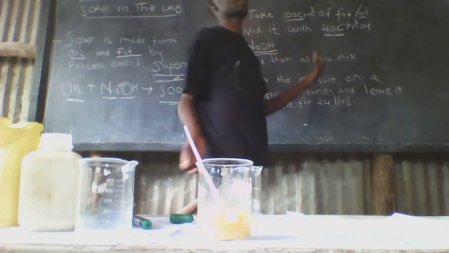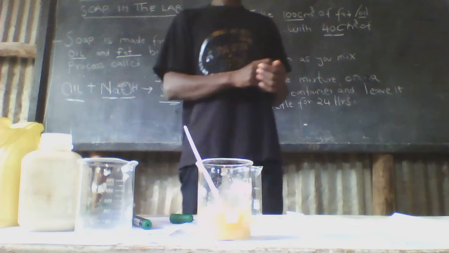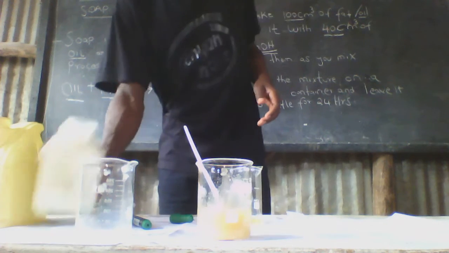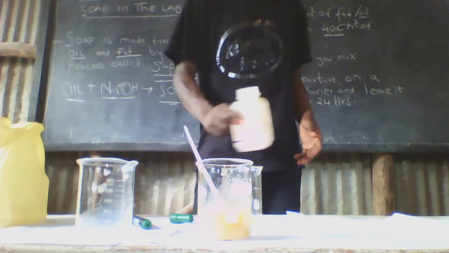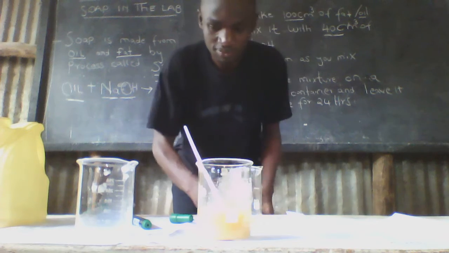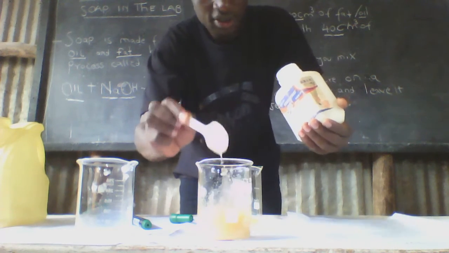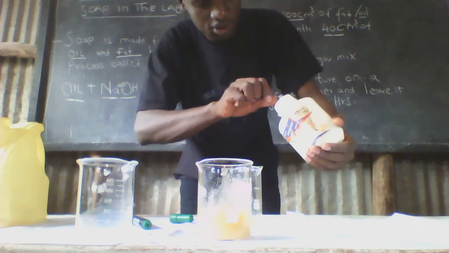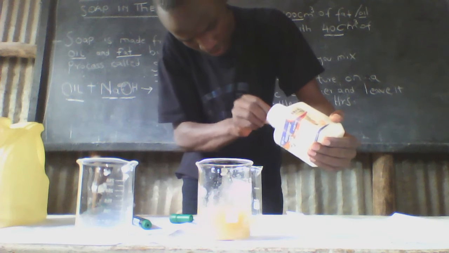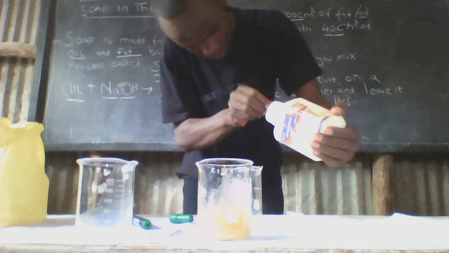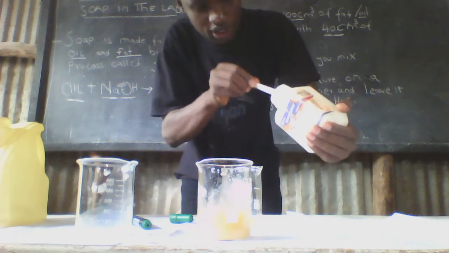You can choose to balance the ratio depending on the reactants that you have. So for us, you can see that it's a bit sticky. We can choose to add more oil, or we can choose to add more sodium hydroxide.